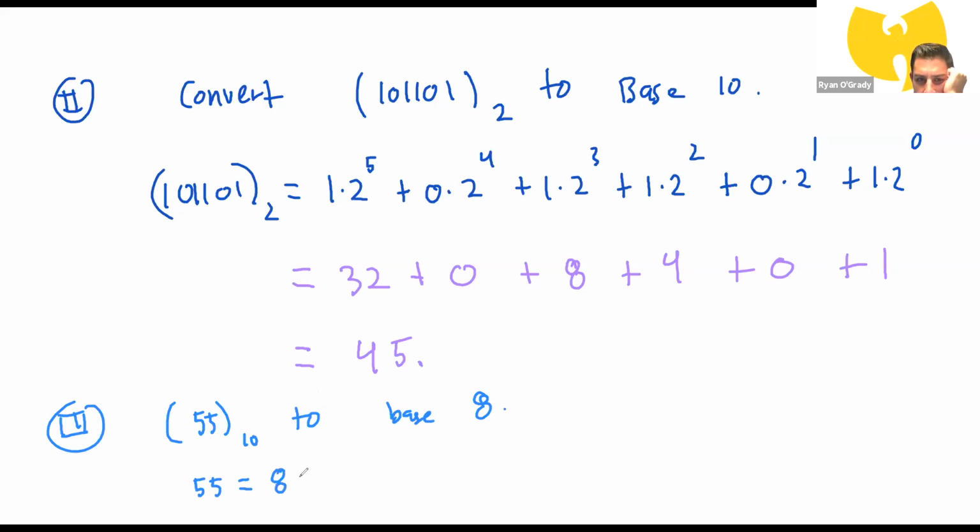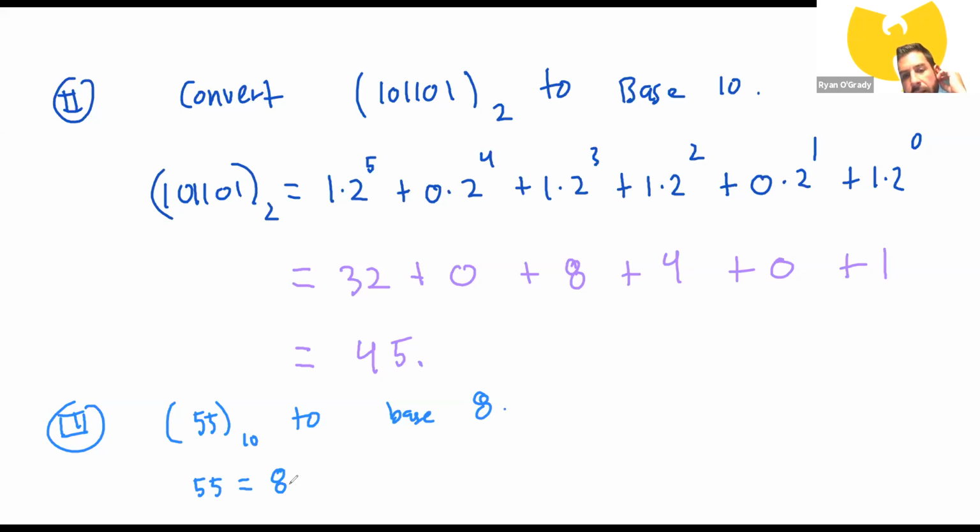So 55, one way to think about this is 55 equals 8 times something. How many times does 8 go into 55? Well, 8 times 5 is 40. 8 times 6 is 48. 8 times 7 is... So you understand where I'm heading with this?